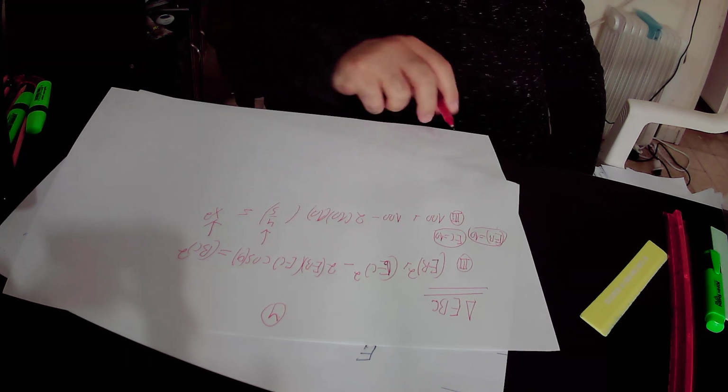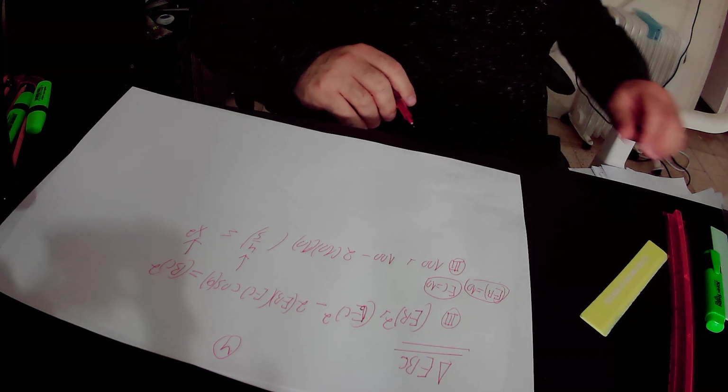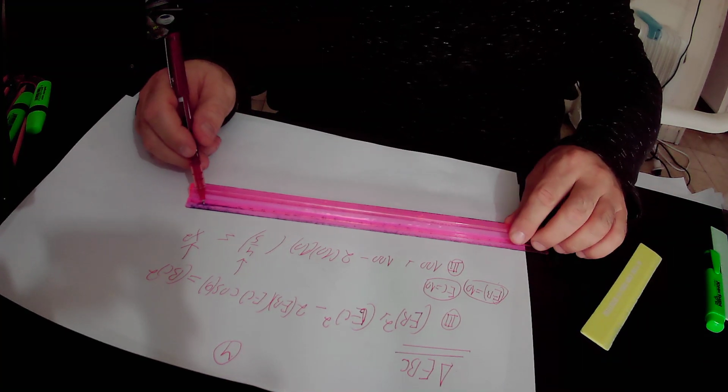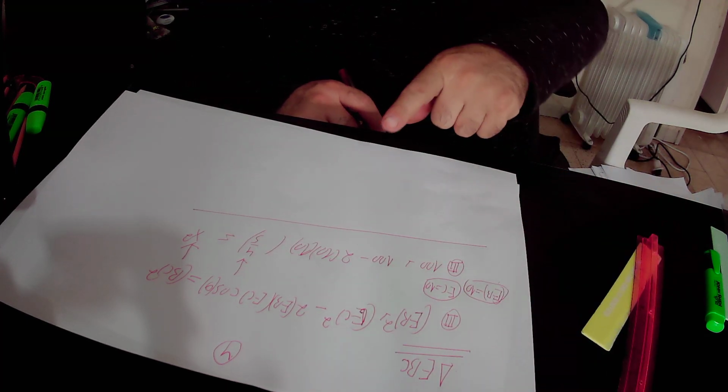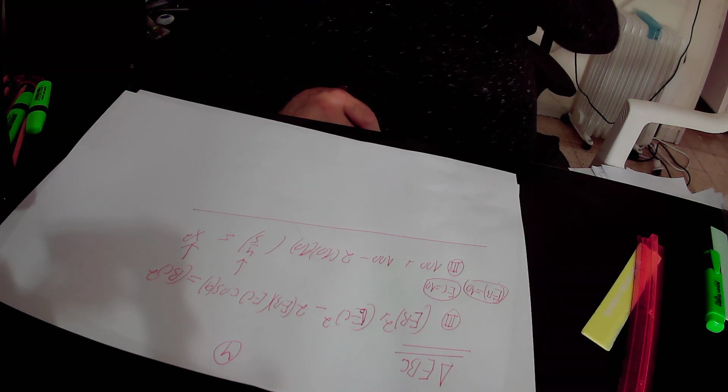So in conclusion, we found out that according to equation number 3, 100 plus 100 minus 2 times 10 times 10 times 4 over 5 equals x squared.